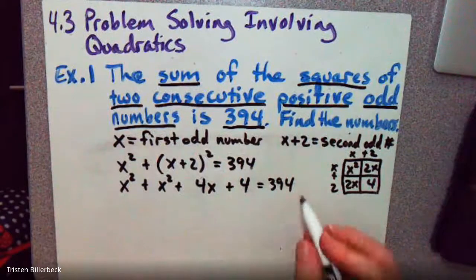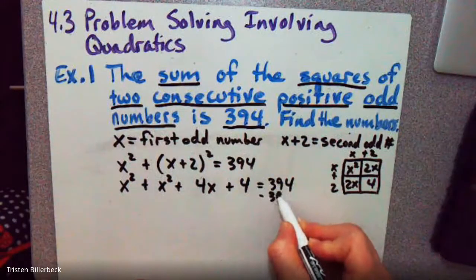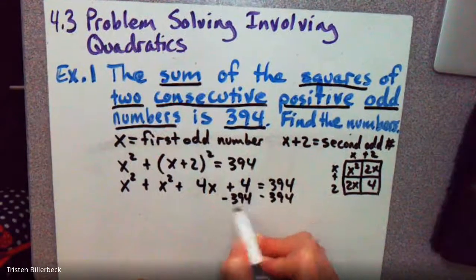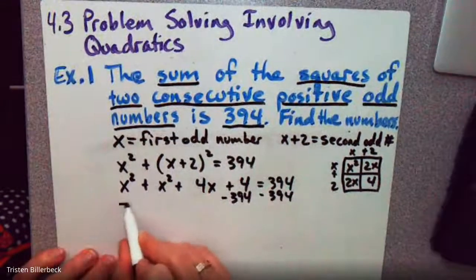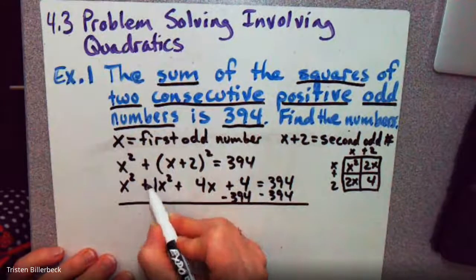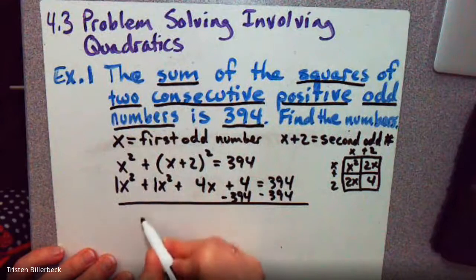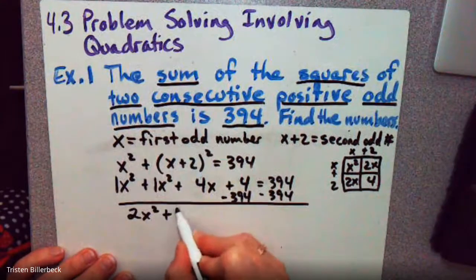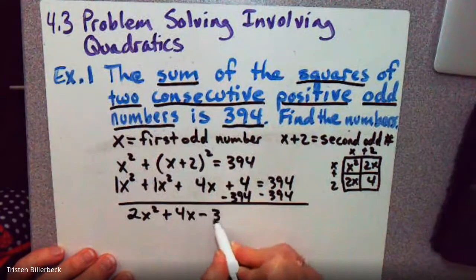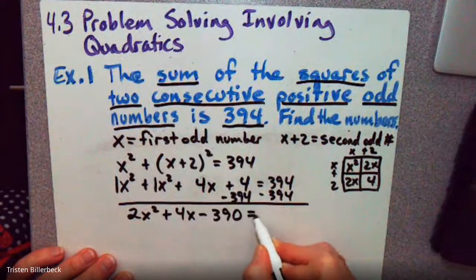All right, so let's subtract the 394 from both sides. And at the same time, we're going to combine this 1x squared with a 1x squared, which is 2x squared plus 4x. And now we have minus 390 equals 0.